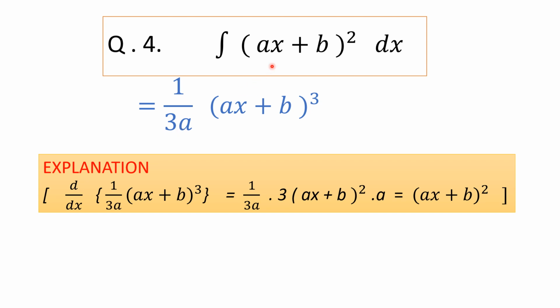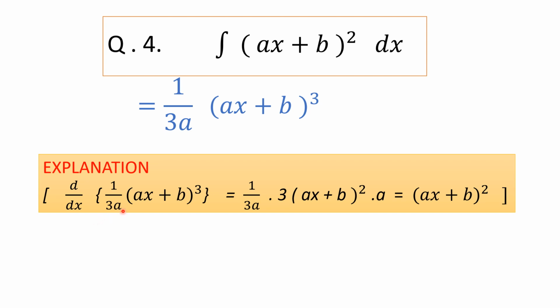In addition to this, the coefficient of x, which is a here, will get featured in the answer as the denominator. So the answer to the given question is 1 upon 3a ax plus b whole raised to the power 3. Right? The basic formula for this question is integration of x power n is x power n plus 1 upon n plus 1.